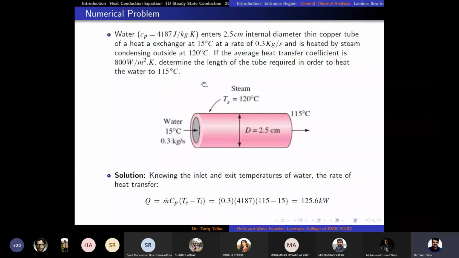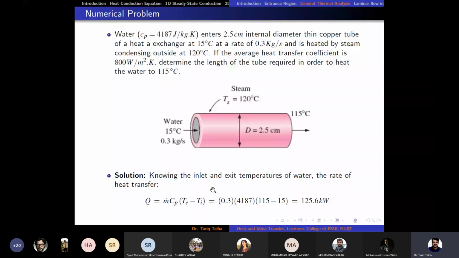Please remember that you have to put Cp value in joule per kg Kelvin, not in kilojoule, because if you do that in kilojoule, then the value would be in kilowatt. So it comes out to be 125.6 kilowatt, because we have divided it by 1000 to get it into kilowatt here.